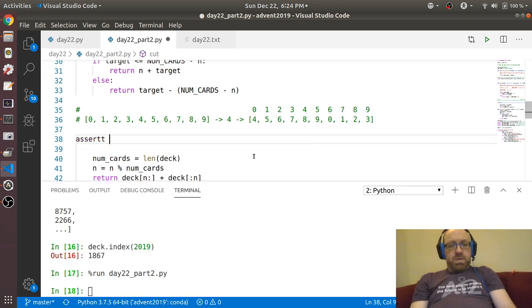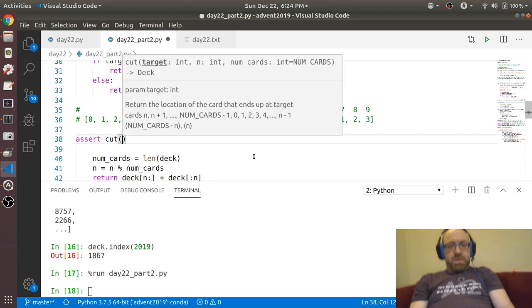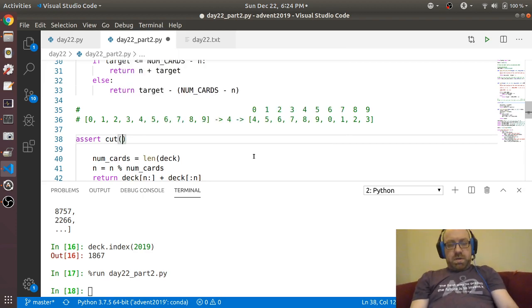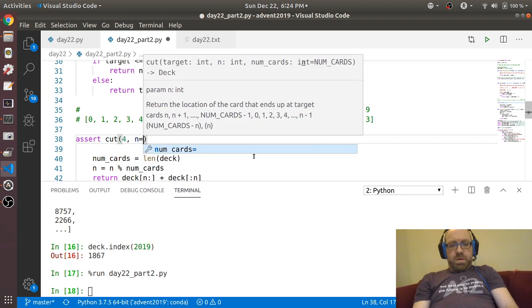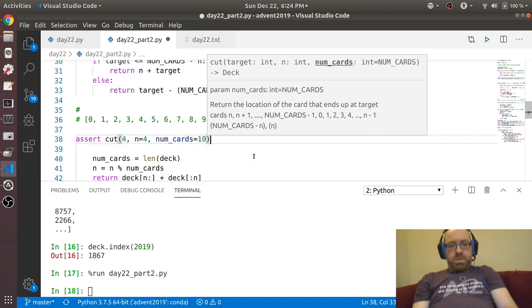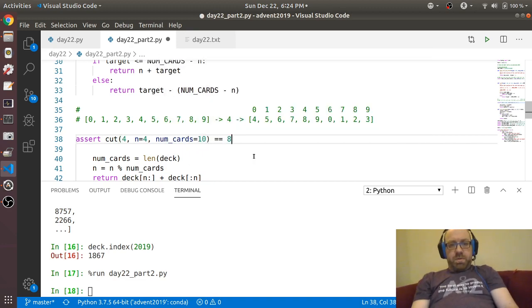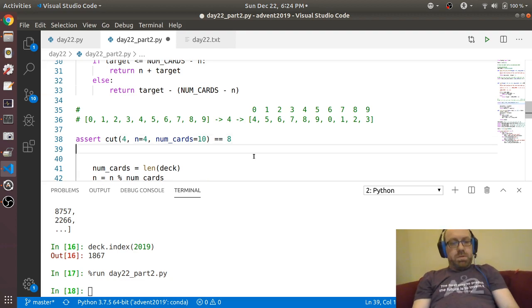So assert that cut for n equals 4, num cards equals 10 equals 8.